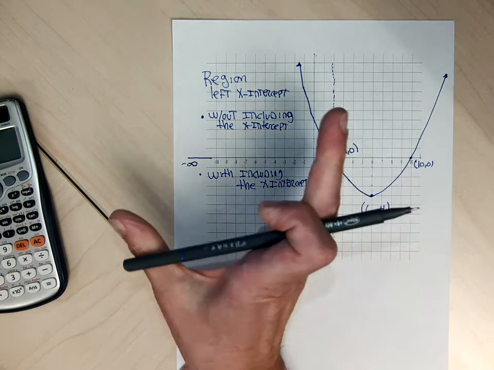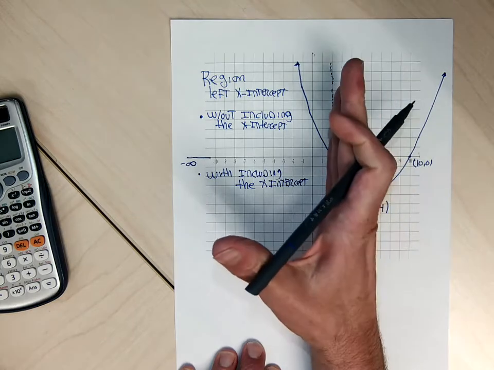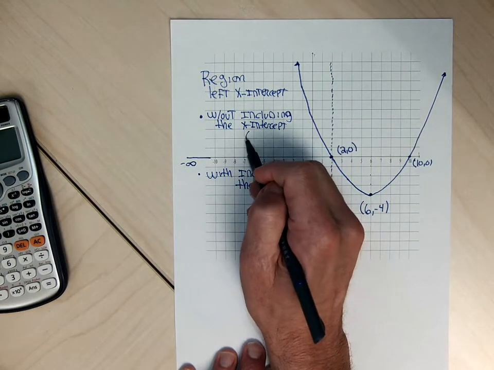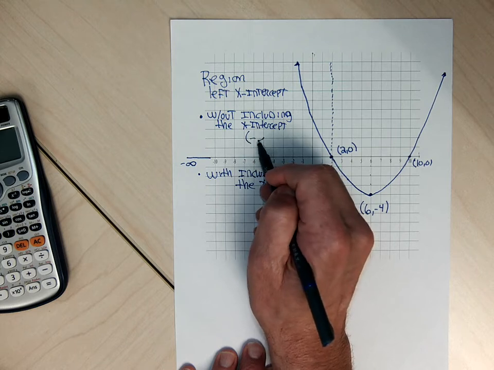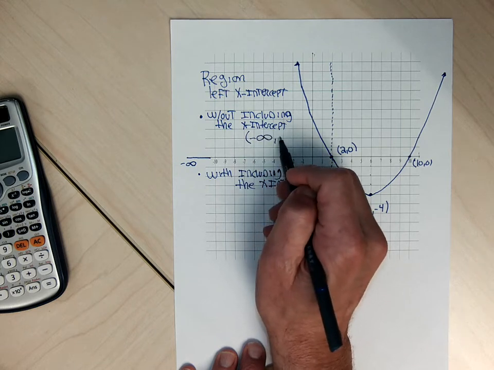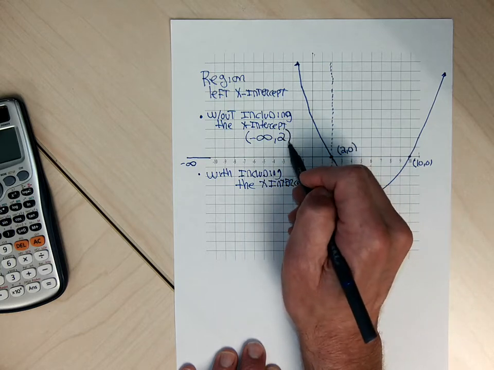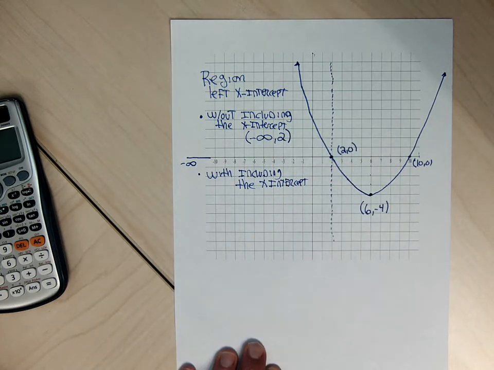If I want to describe this region of the graph, everything to the left of that dashed line that I drew, and I don't want to include the x-intercept, I say it goes from x equal to -infinity up to x equal to 2, and I'm not going to include the 2, so I'm going to round bracket it. Round brackets include everything up to the point, but don't include the point itself that's mentioned.